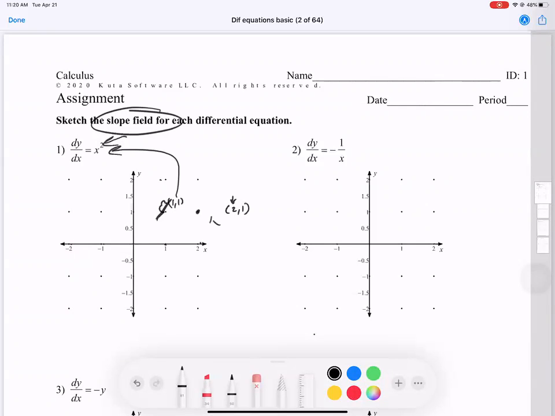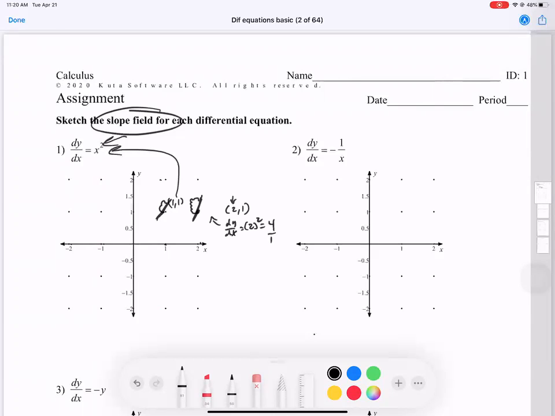The dy over dx here is 2 squared, and 2 squared is 4. The slope has to be drawn as 4: rise 4 over 1. So I draw 1, 2, 3, 4, go over 1, and that's a pretty steep slope.